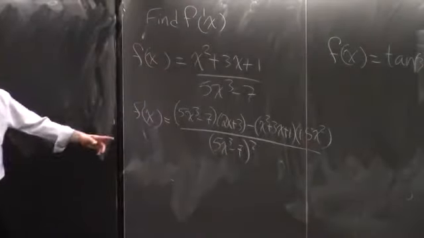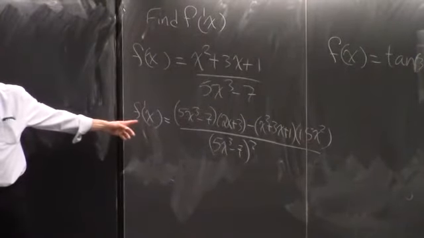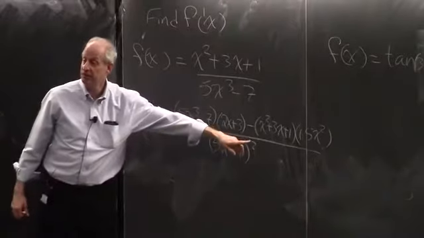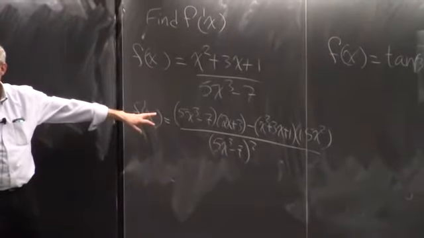Now, we might ask you to find f prime at 1, or f prime at 0, or f prime at 2. Then you'd have to plug in, okay? But otherwise, you could just leave it like that.